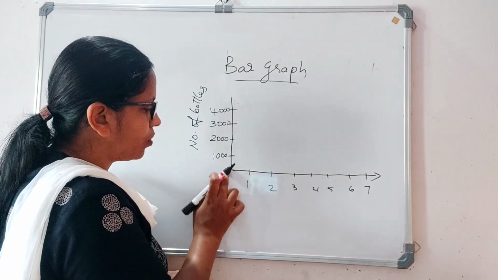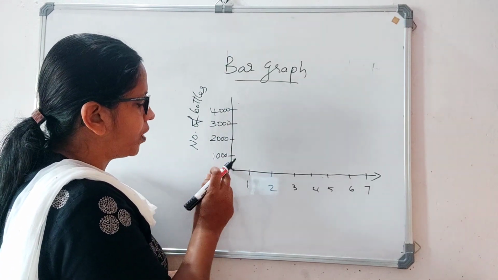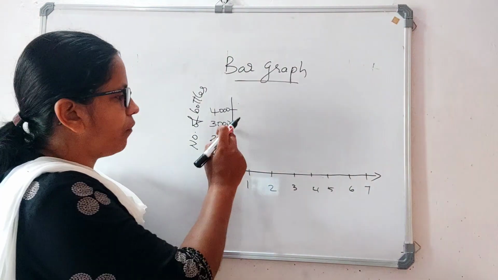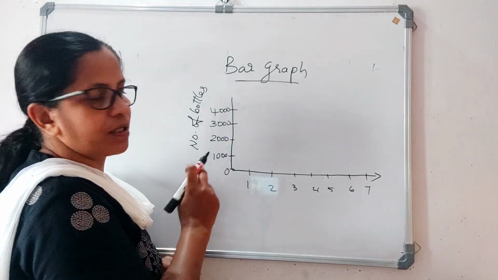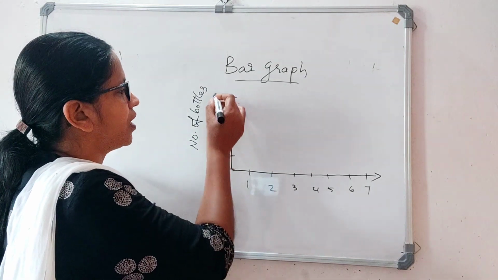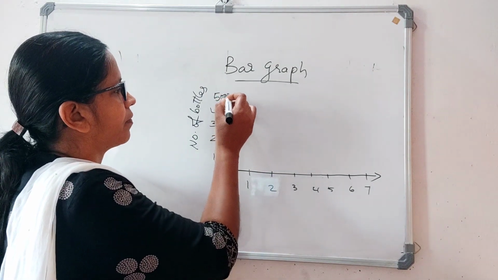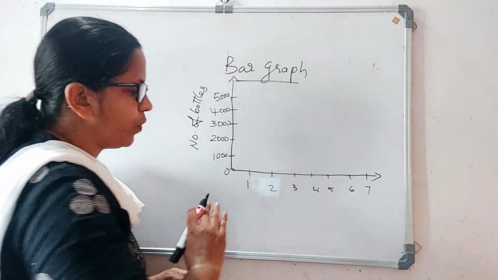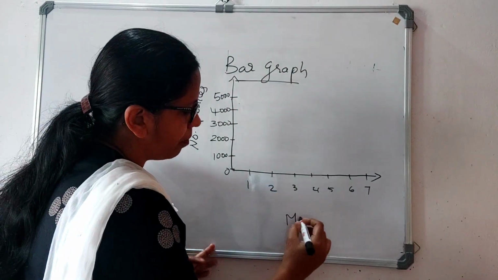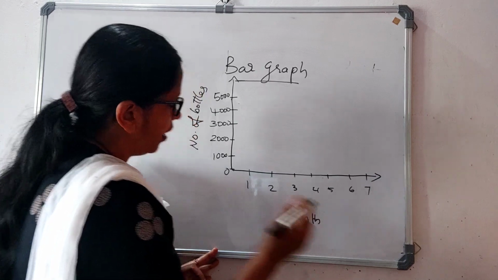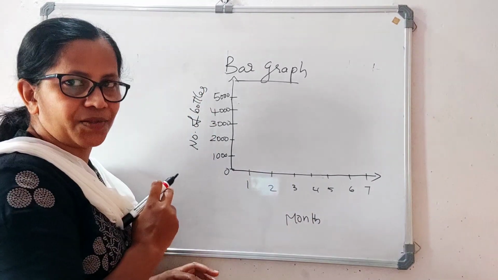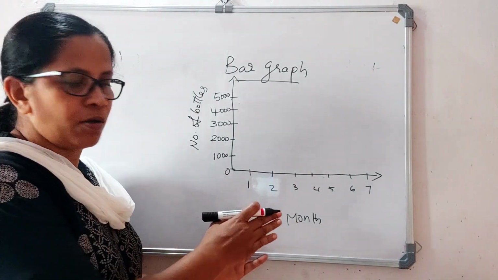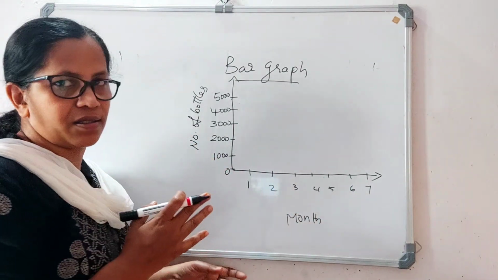From 0 to 1000 and 1000 to 2000, the gap is 1000, so every gap should be in thousands. That's why I wrote 4000, next 5000. Only that much information is given. So we represent the month here and the number of bottles here. That is the first step: whatever information is given should be shown on both axes.